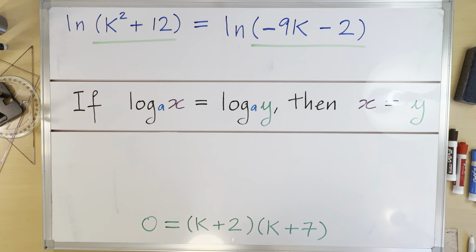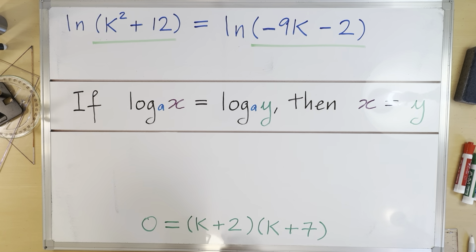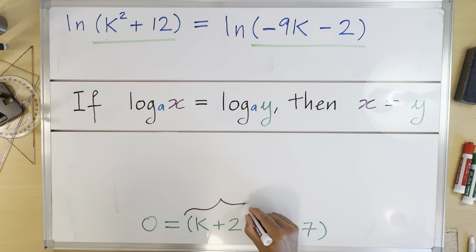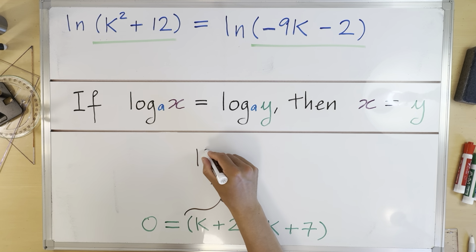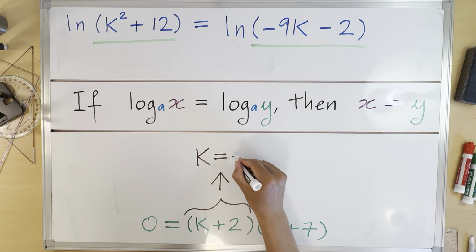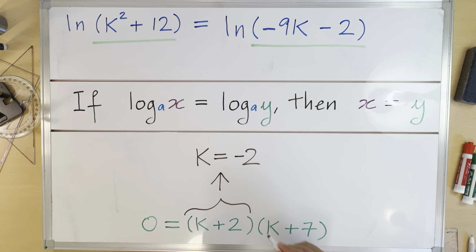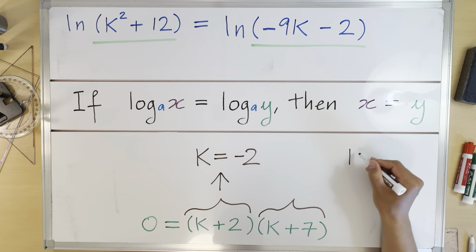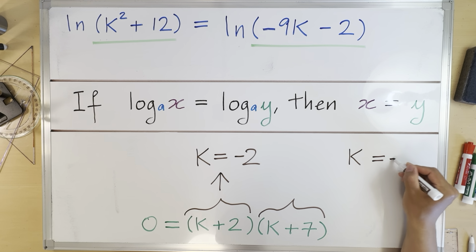Now, at this point, in order for k plus 2 to be equal to 0, k would have to be equal to negative 2. And in order for k plus 7 to be equal to 0, k would have to be equal to negative 7.